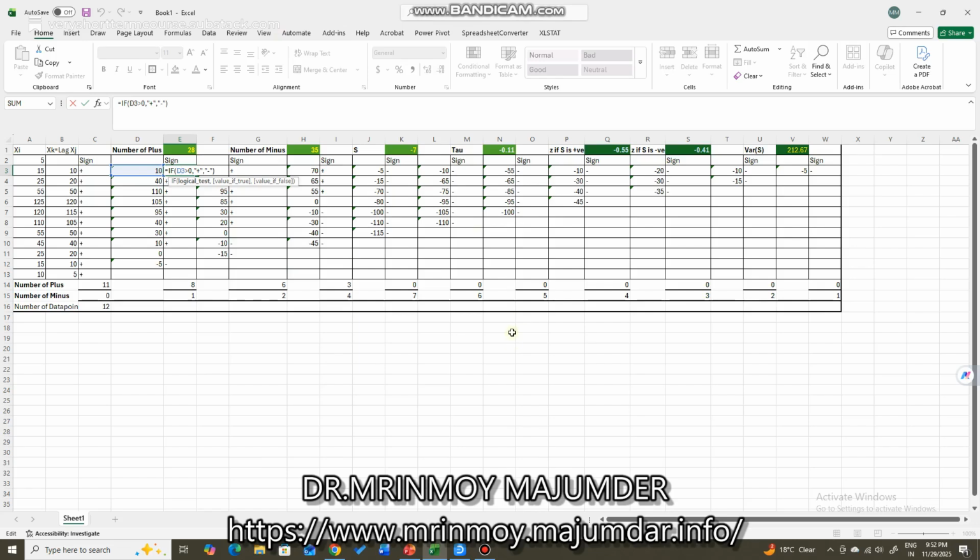And if your data points are more than 30, then use the z-score. So here you see the z-score has detected the trend incorrectly, because in our case there are only 12 data points. So I have to ignore the detection of z-score, and I have to go with the detection of tau, where it has correctly detected the trend as available. There is a trend in this data set.